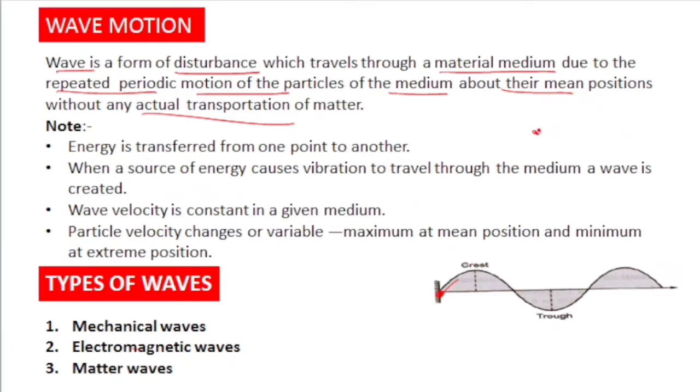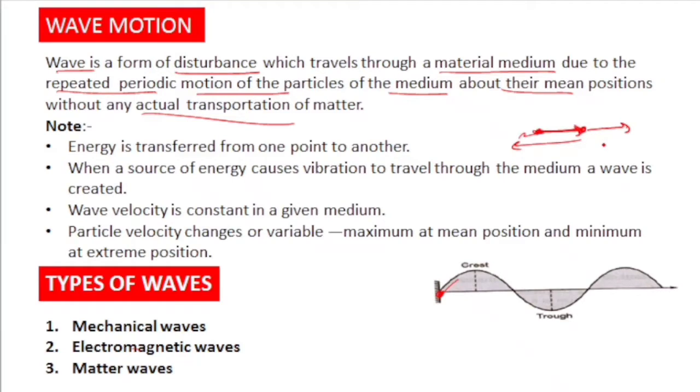This is the original position, the mean position. Now the particle starts a to-and-fro motion, like it executes simple harmonic motion. During its vibration, it transfers its energy to the next particle and returns to its original mean position. Again, the next particle transfers its energy to the next particle and vibrates around its mean position. So particles start vibrating about their mean position by the transfer of energy.